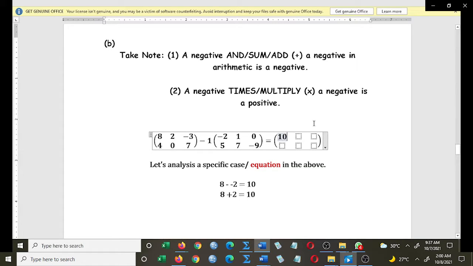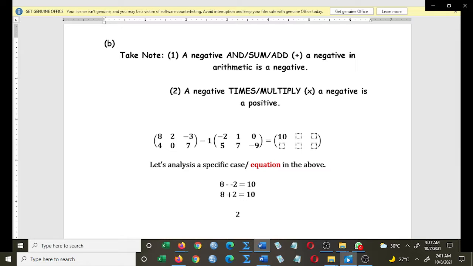Let's move on. What number comes there? That's revision, we did that last class. Yes, that's 10. What number comes here now? It's negative 2. Why negative 2? Let's lay it out.